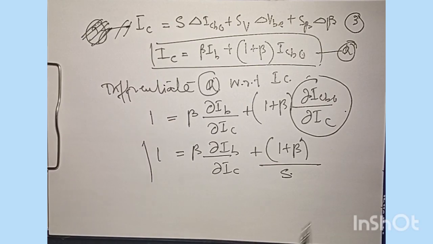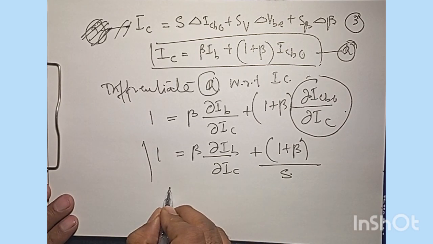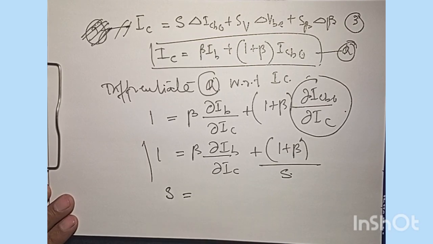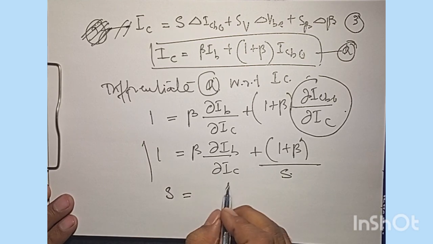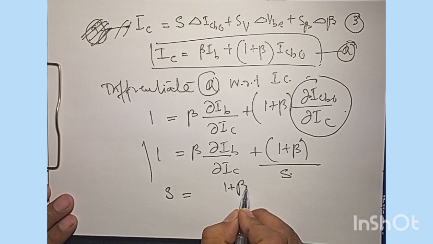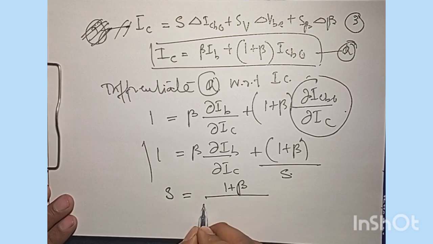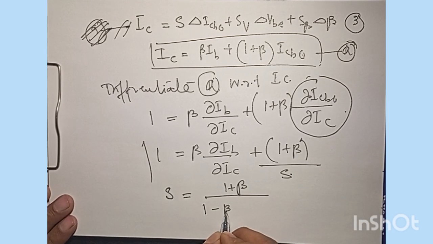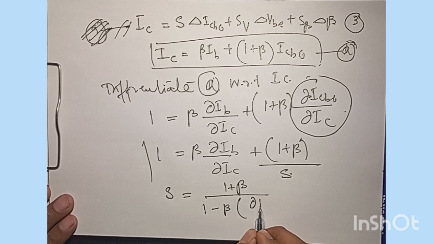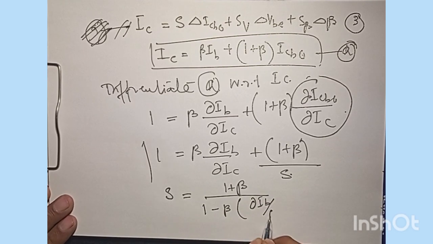Now we would like to calculate this S. This stability factor comes out to be 1 plus beta divided by 1 minus beta times delta IB by delta IC.